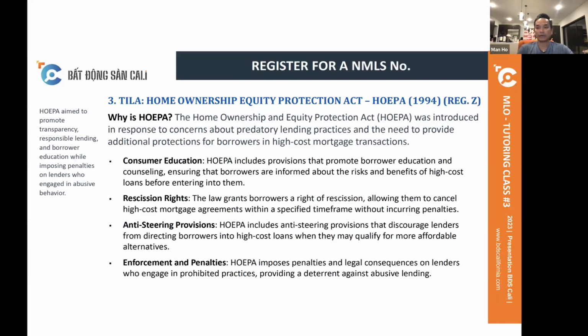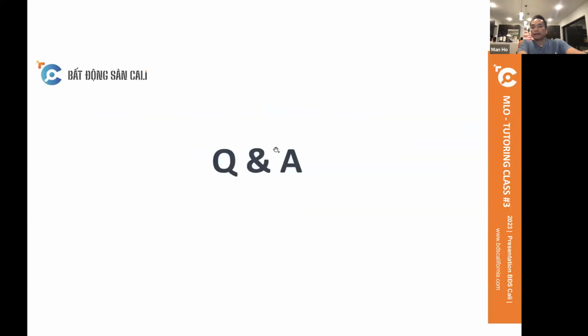And anti-steering: instead of getting a good loan, the lender gives you a bad loan. HOEPA protects against that, so you don't get trapped into that kind of loan. And then they enforce it. They fine the lender, they fine the loan officer or whoever got involved in doing things illegally. Thank you.